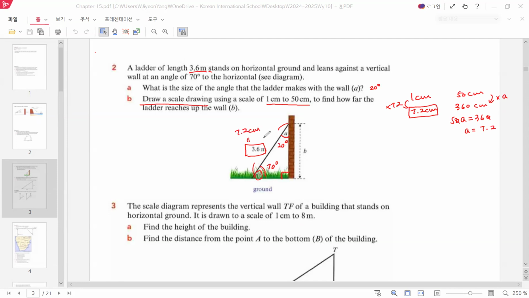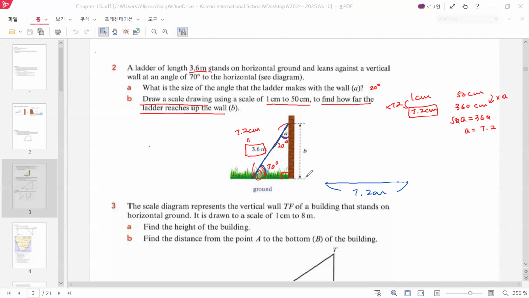Then we need to draw this situation on your paper, and by using it, we need to find how far the ladder reaches up the wall, B. Okay. So let's gather the information that we have for now. The length of the ladder, and we know the angle sizes at both ends, right? So you need to draw 7.2 centimeters using your ruler.